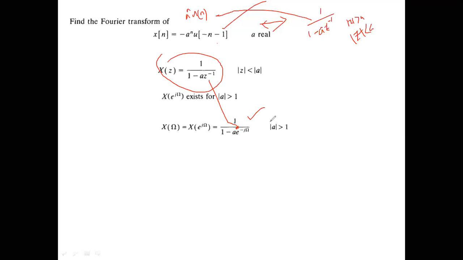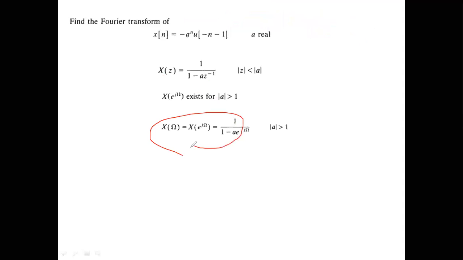Earlier, a to the power n into u of n also gave the same answer, and minus a to the power n u of minus n minus 1 also gave the same answer. There is no ROC here, but the difference is that a to the power n into u of n will have a DTFT only if magnitude a is less than 1, for which the right sided sequence was converging. The other one is the right answer only for magnitude a greater than 1.